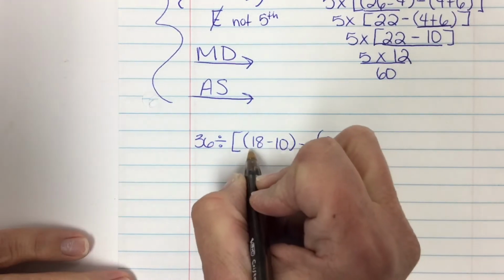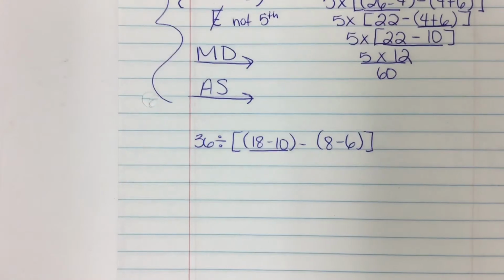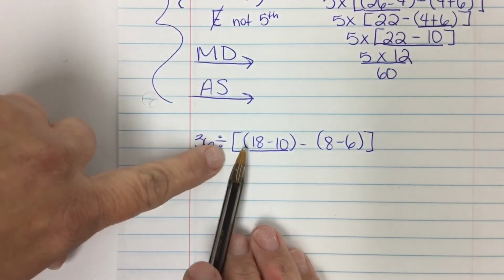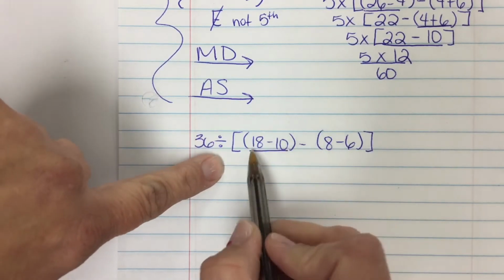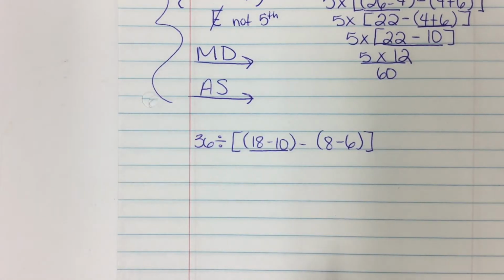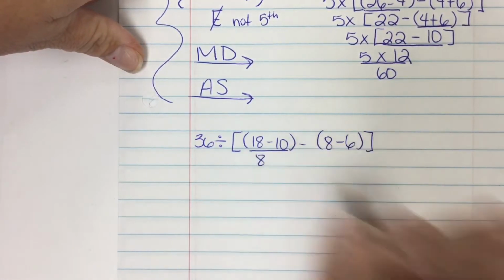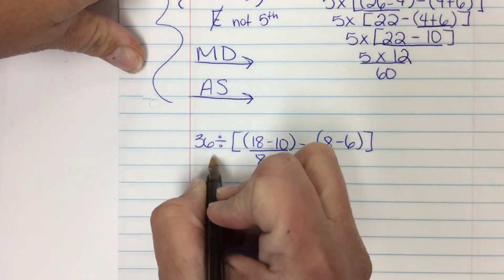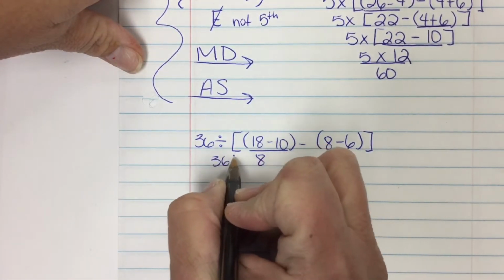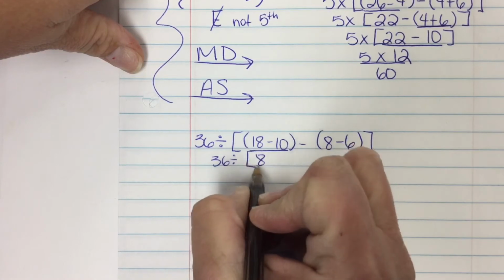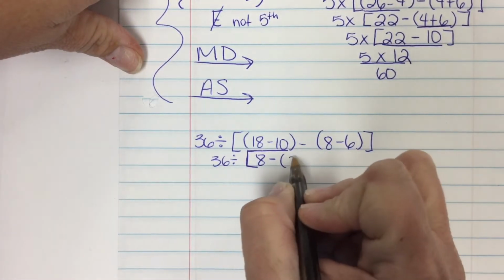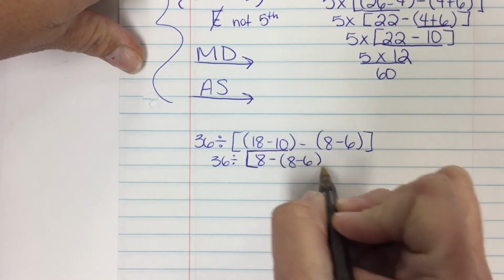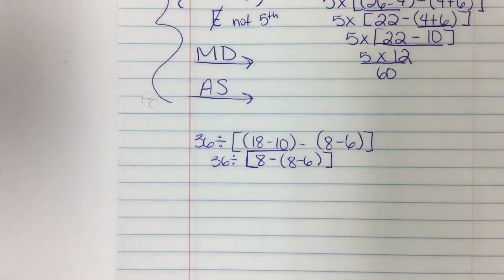All right, you should have said 18 minus 10, because the first thing is the parentheses that are inside the brackets. From left to right, 18 minus 10 is 8. Now you bring down everything, 36 divided by bracket 8 minus parentheses 8 minus 6, close the parentheses, close the bracket.